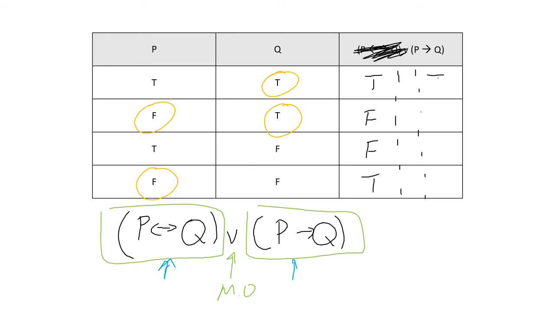So true, true, false, true. Again, it's just easiest to remember that when it comes to an arrow, if the left side's false, it's true, or if the right side's true, it's true. The only situation in which the arrow is false is where the left side's true and the right side's false.